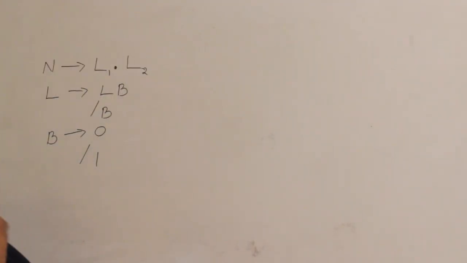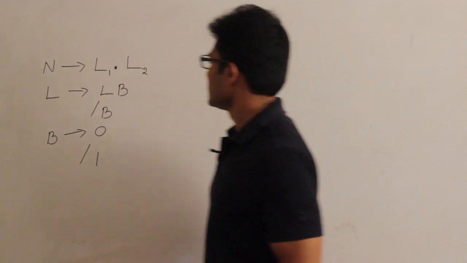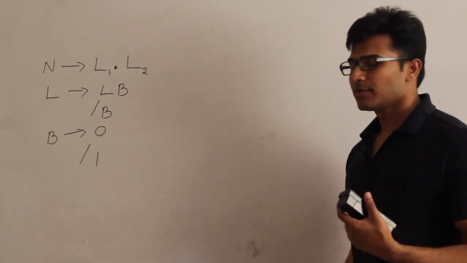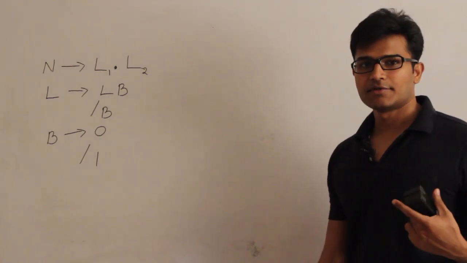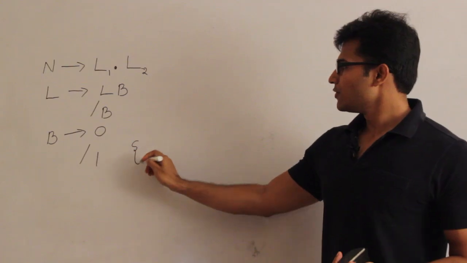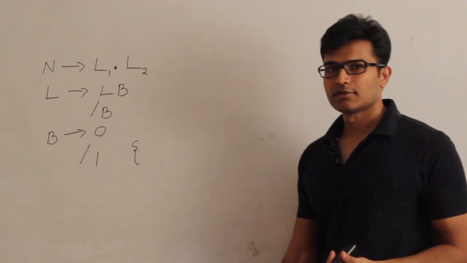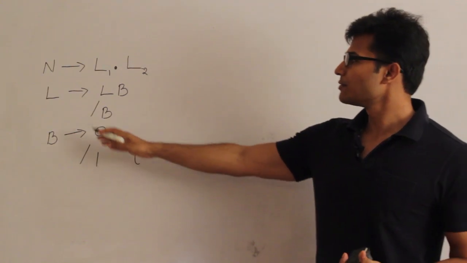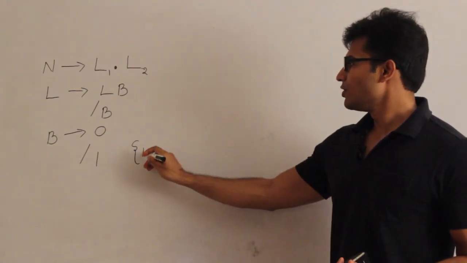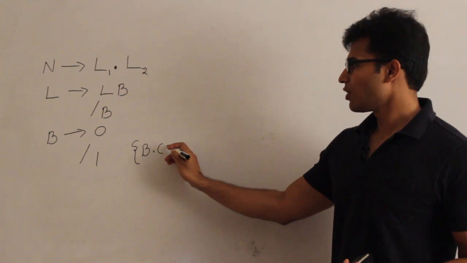Let me take the SDT. For this, the first thing is you have to find the decimal value as well as the number of bits. You have to count both of them. Therefore, if the production is B derives 1, then what is the decimal value of that B as well as the number of bits? B dot count is used to count the number of bits.